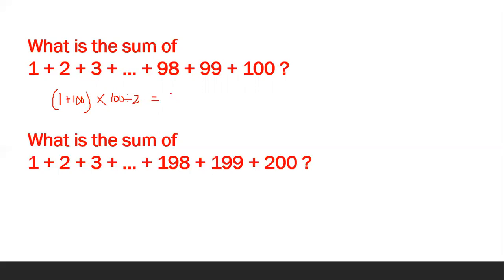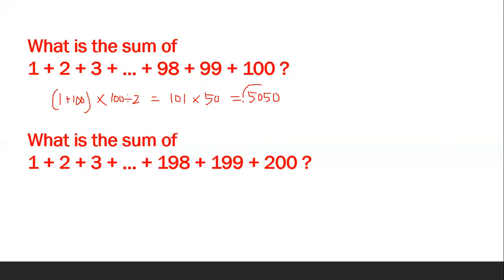So 1 plus 100 is 101 multiplied by 50 pairs. And that is equal to 5,050. So the sum of the first 100 numbers is equal to 5,050.